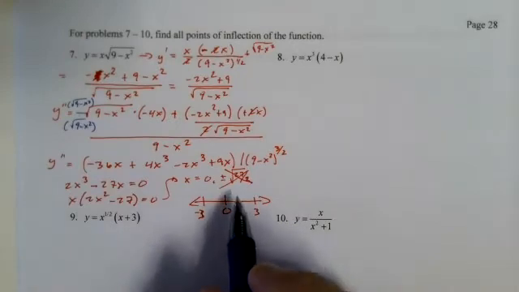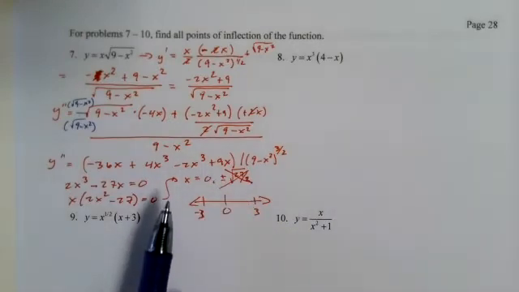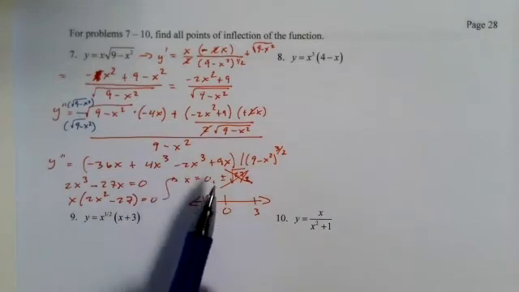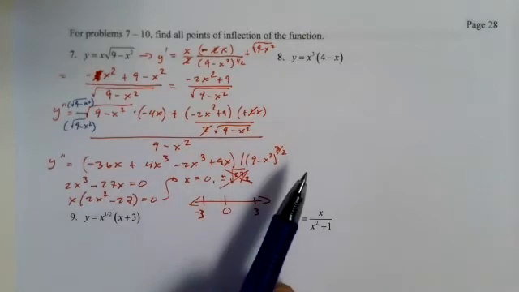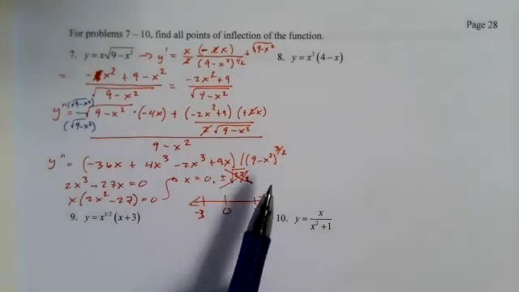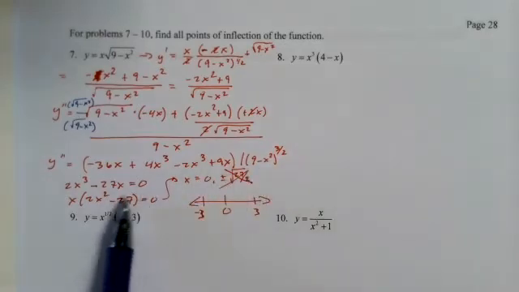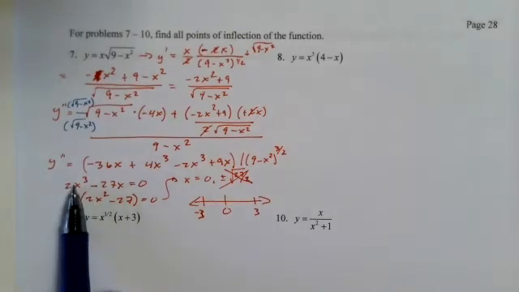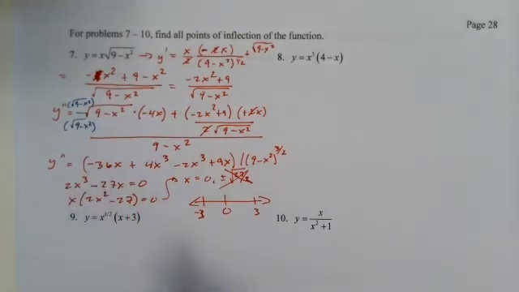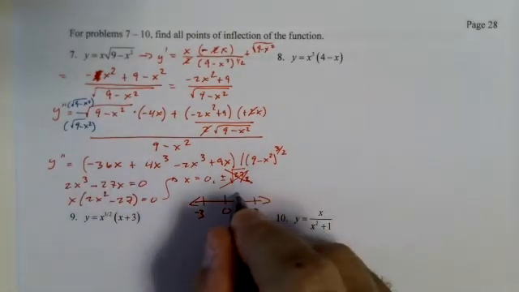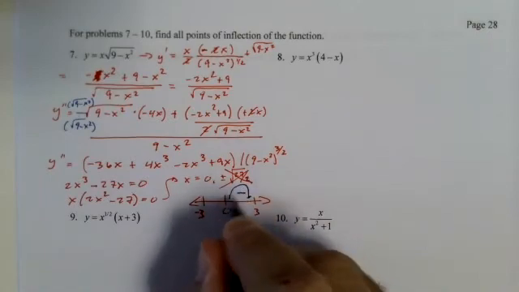So plug in 1 to the second derivative. What a nightmare. The bottom is positive. Don't have to worry about that. It will always be positive no matter what I put in, 1 or negative 1. And then the top is this thing, 2 minus 27, is negative. So over here we get concave down.